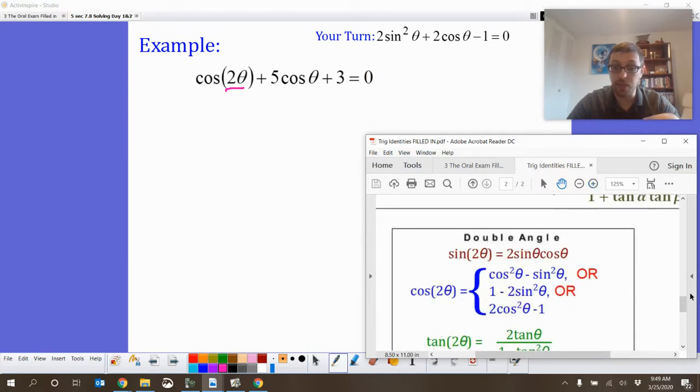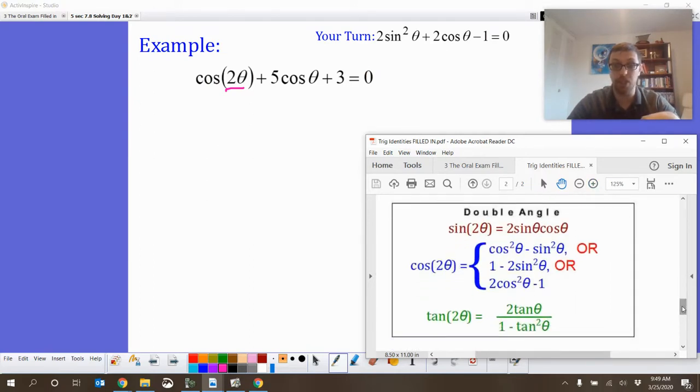So again, it's cosine, so I get an option. I've got 3 different things that I can choose from. If I do the first option, I'm going to end up with sine and cosine, and it's going to be squared, so that's telling me I've got a factor. So I don't want to do the first option. If I do the second option, again, I'm going to get sine right here and the cosine over there.